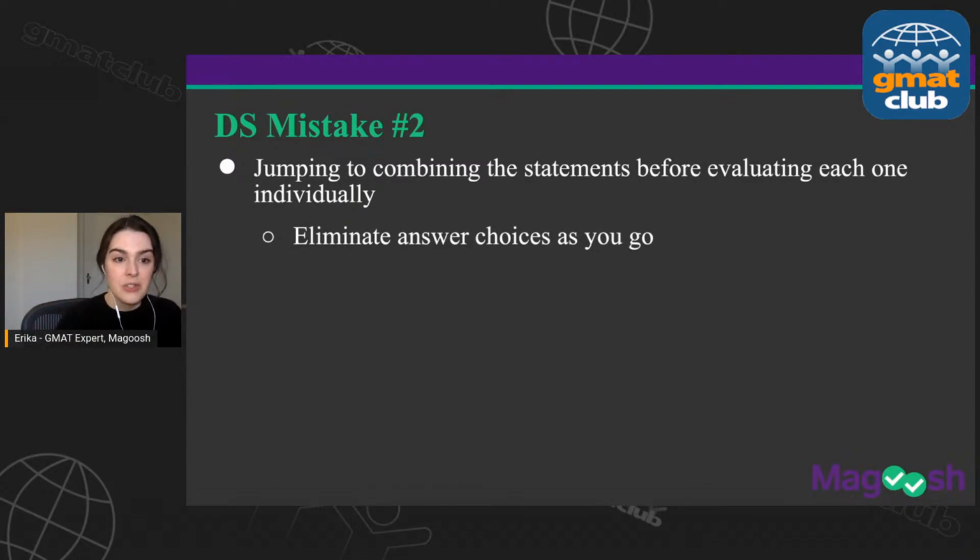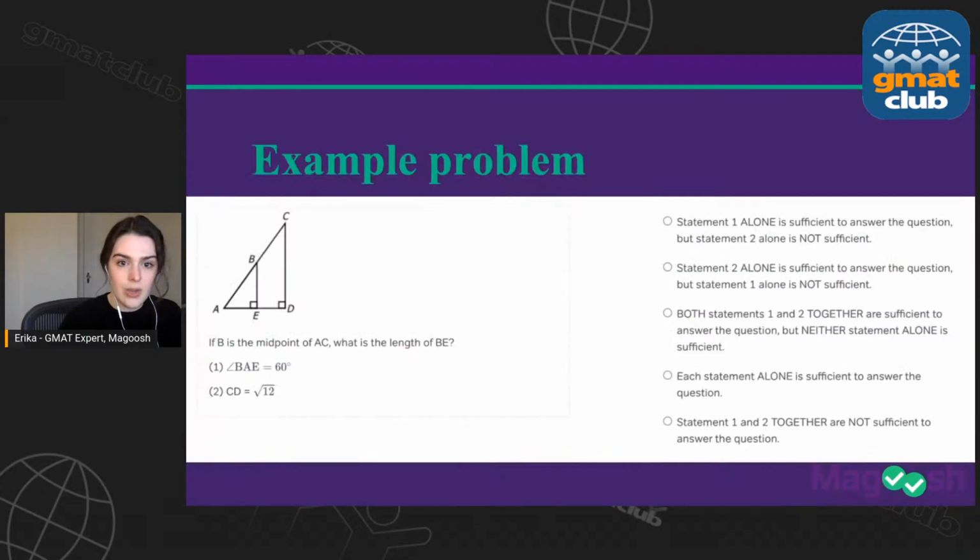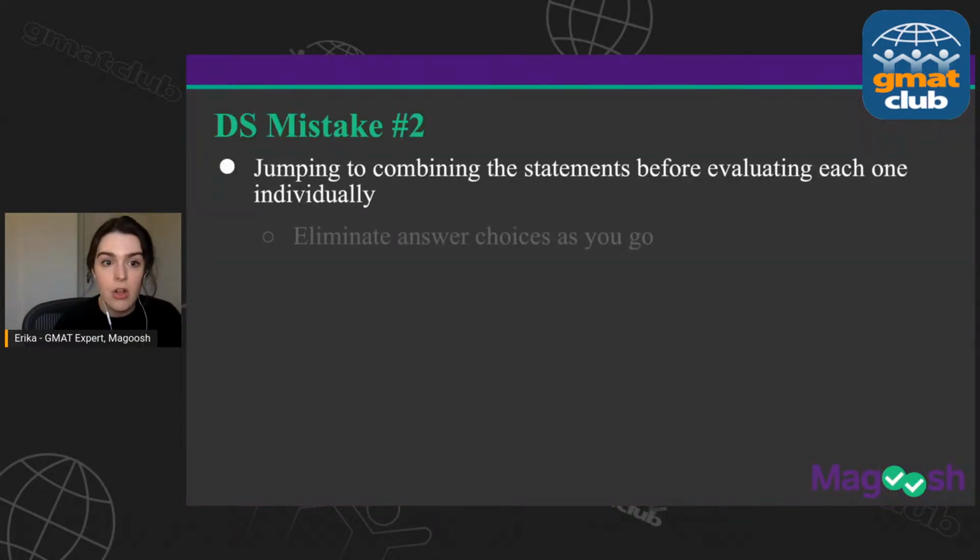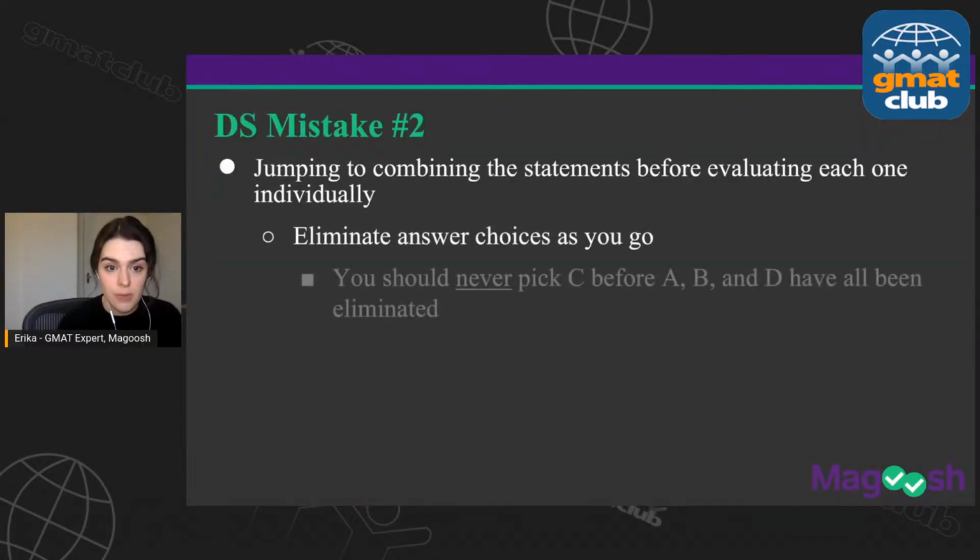All right. So previously, when we did the last question, when we said statement 1 is insufficient, we crossed out A and D because we knew those answers were no longer relevant to us, but we knew B was still on the table.